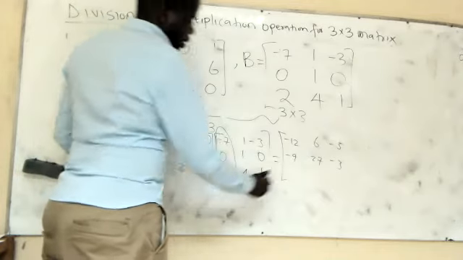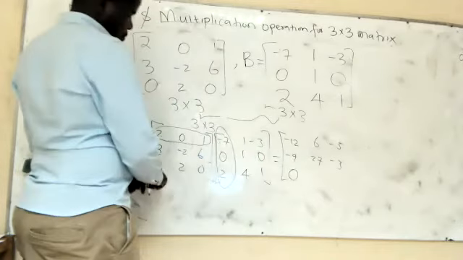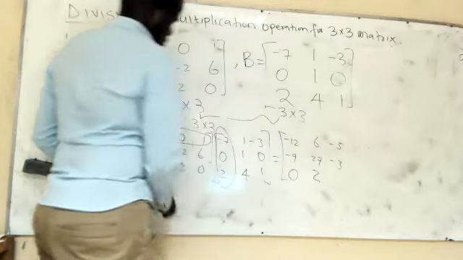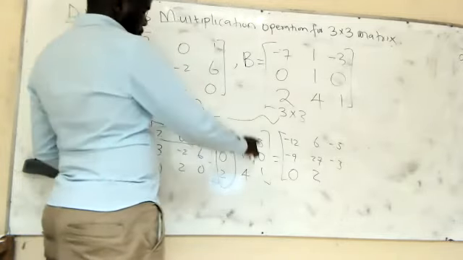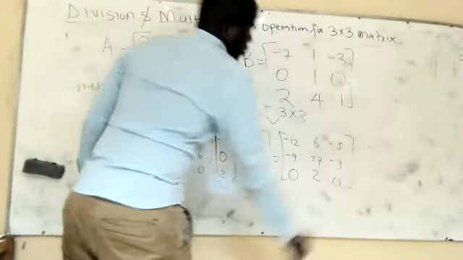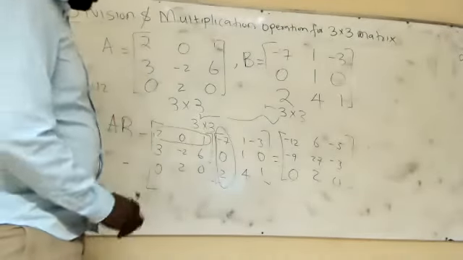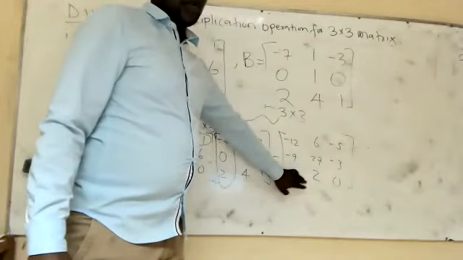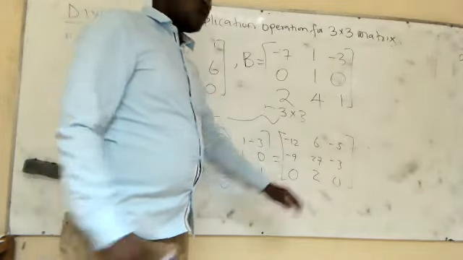Yes. Then we are at column 2, the row 2 with column 2. It's 3. So verify if you are all able to get these values that we have there.